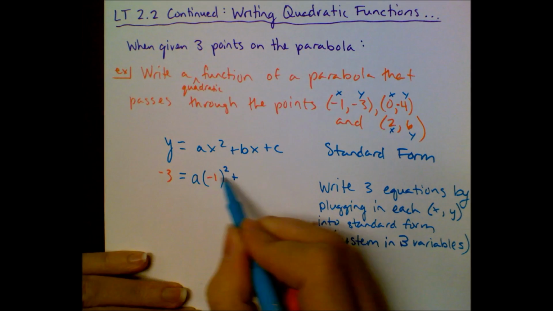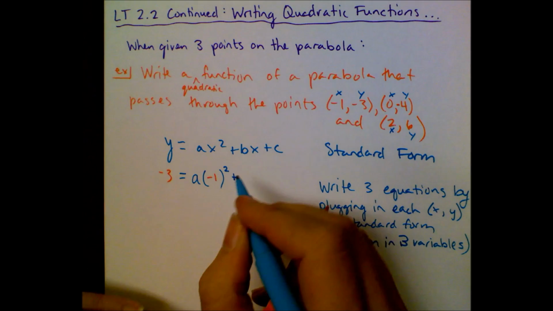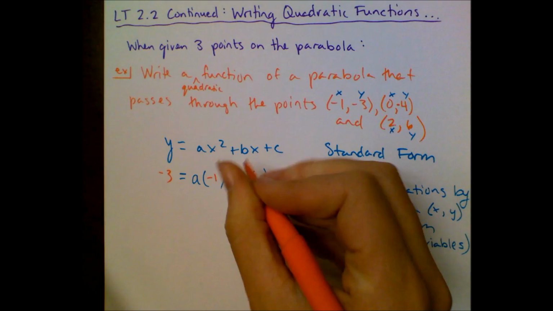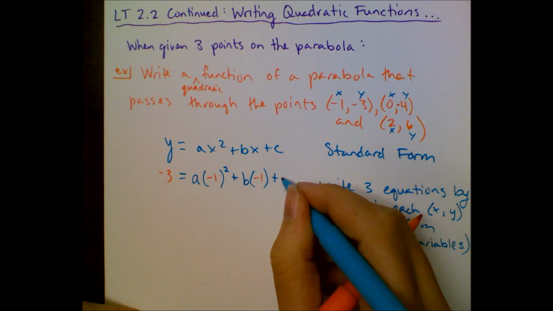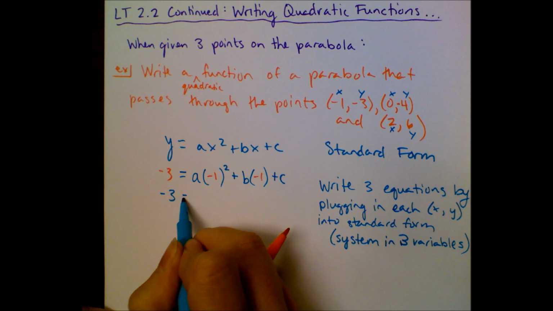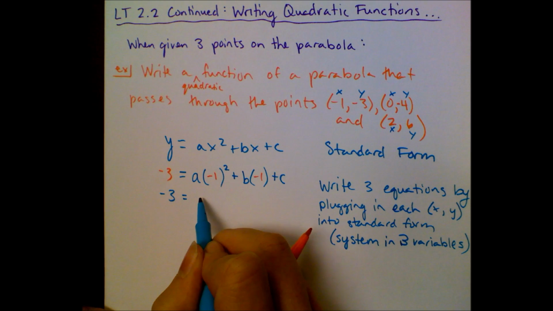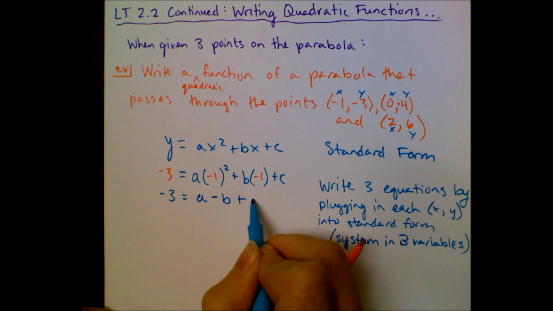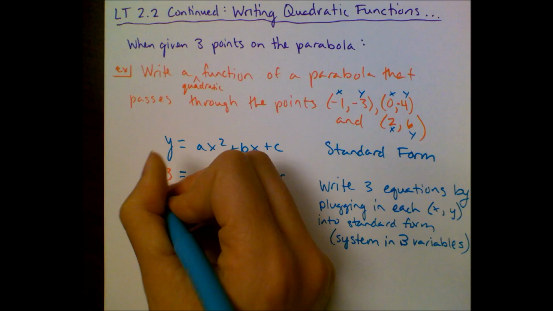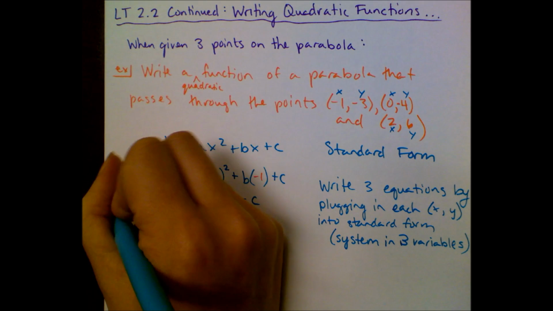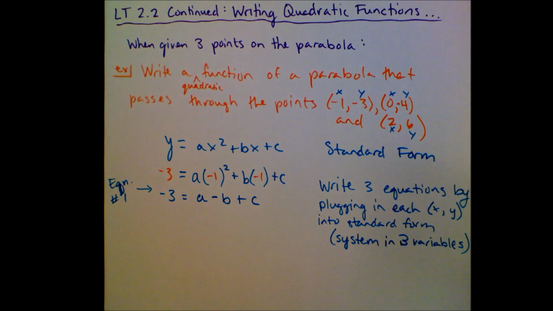And I'm writing one equation with this 1 point. Okay, and I can simplify that a little bit. So negative 3 equals negative 1 squared is 1, so a, negative 1 times b is minus b, plus c. And so this would be my equation number 1. Okay, so I've got one equation.